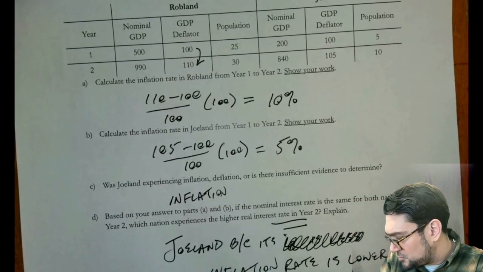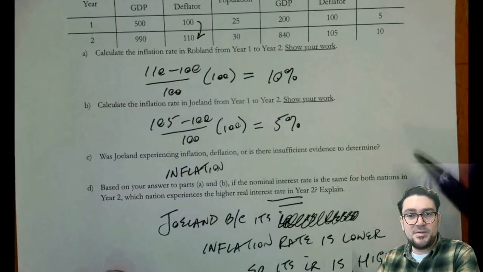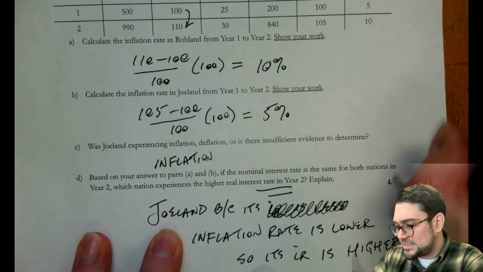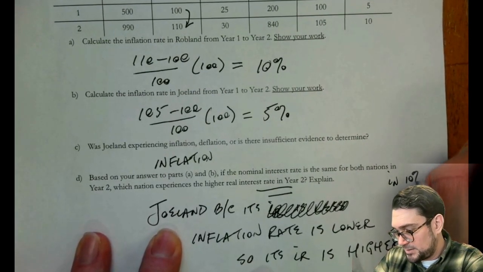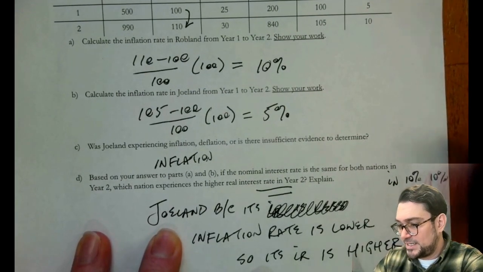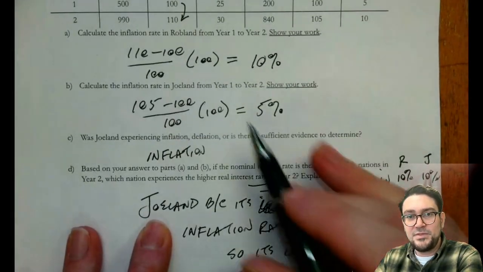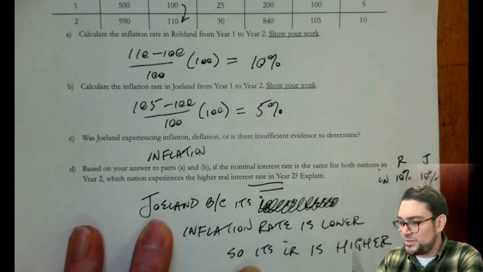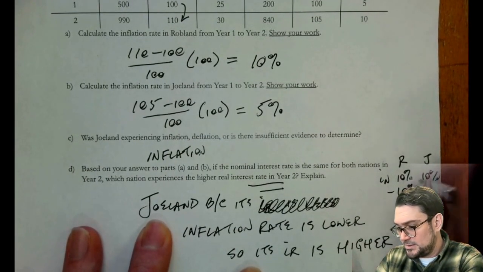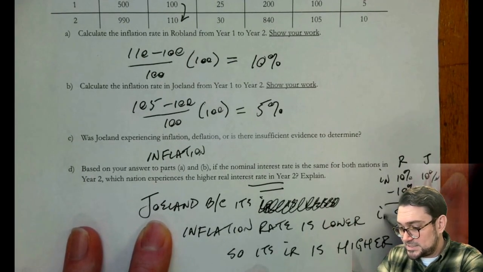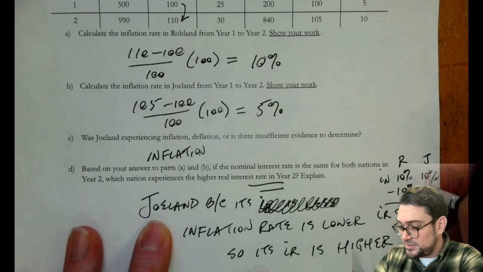And in essence, we're just saying if we had the same nominal value, if they were both like I sub N 10%, like for Joe Land and for Rob Land. So that's Rob Land, that's Joe Land. And then for Rob Land, we take away the inflation rate of 10%. And so that leads to a 0% I sub R. But for these folks, it's only a 5%.